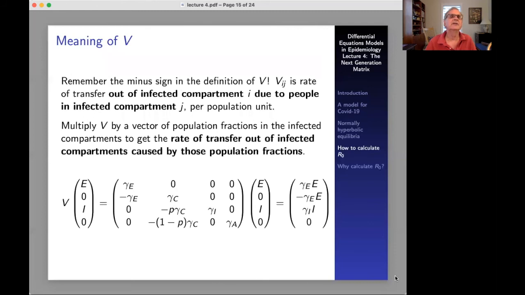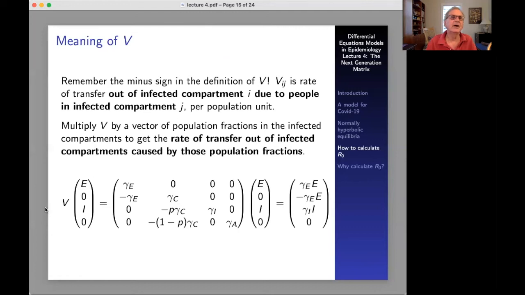Now let's look at the meaning of V. Remember the minus sign in the definition of V. The entries of F told us about transfers into infected compartments. The entries of V are going to tell us about transfers out of infected compartments because of that minus sign. Vij is the rate of transfer out of infected compartment I due to people in infected compartment J per population unit.